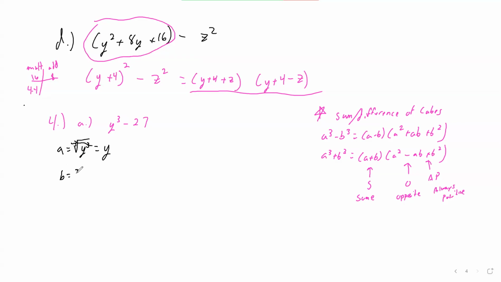B would be the cube root of 27. I'm not going to worry about the signs because the sign will be taken care of over here. But I can see then that this would be what number times itself gives you 27?